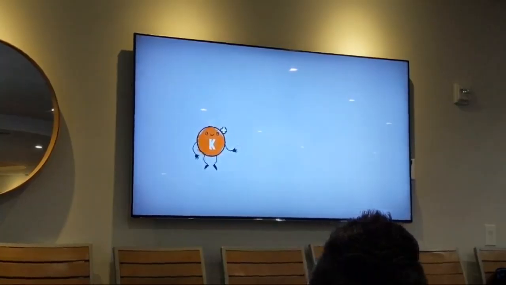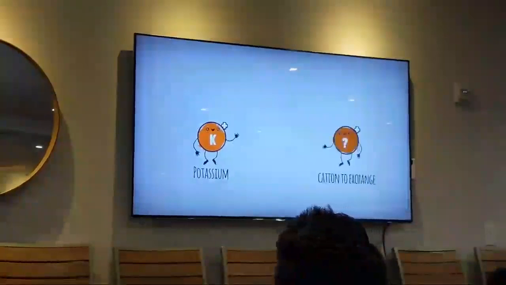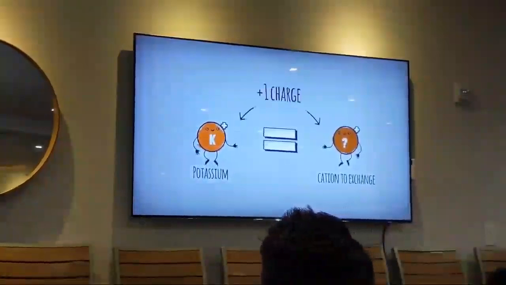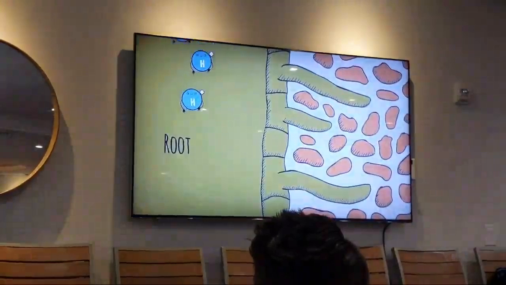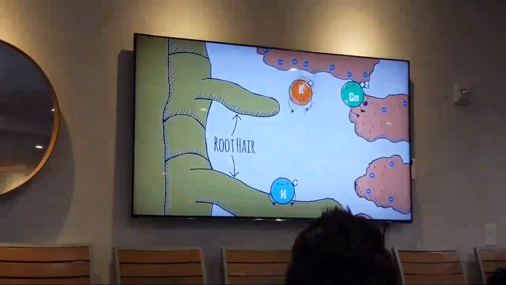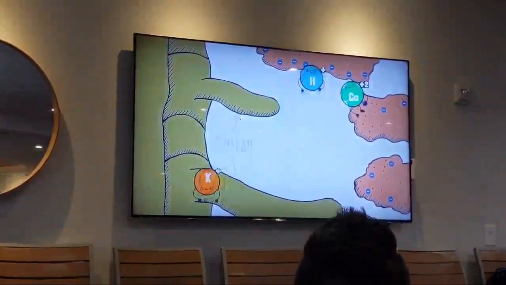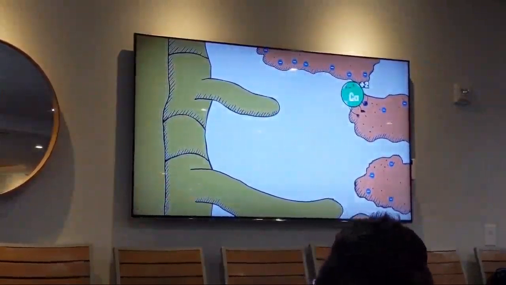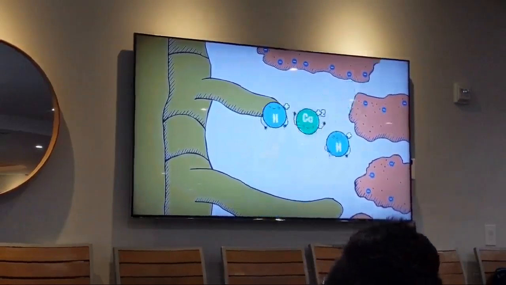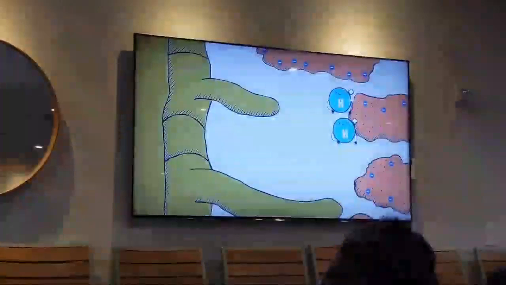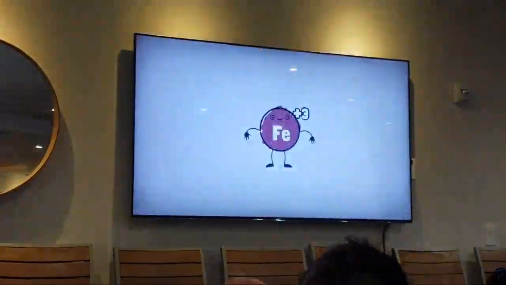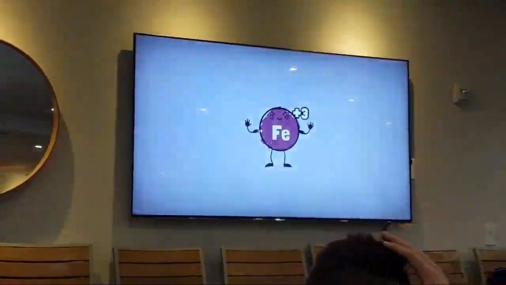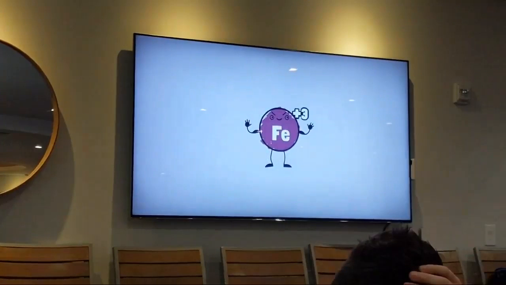Basically, if a plant wants a nutritious cation like potassium, you'll need to exchange it for another cation or cations of equal charge. Luckily, plants produce hydrogen cations that they can exchange. One hydrogen cation for one potassium cation. Easy enough. But for nutrients with a positive charge of 2, like calcium, 2 hydrogen cations are needed. The higher the positive charge, the harder it gets to exchange or trade cations.